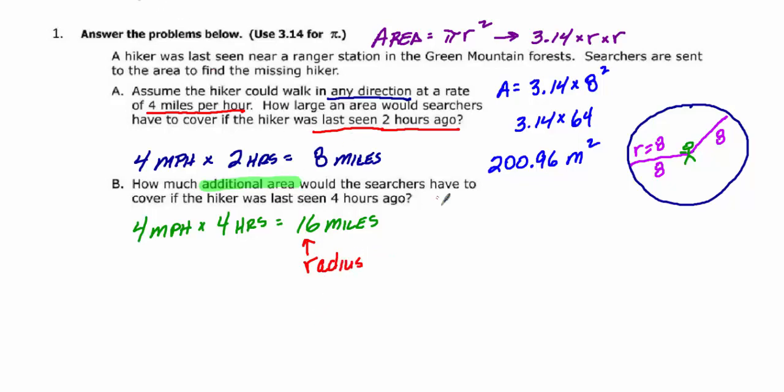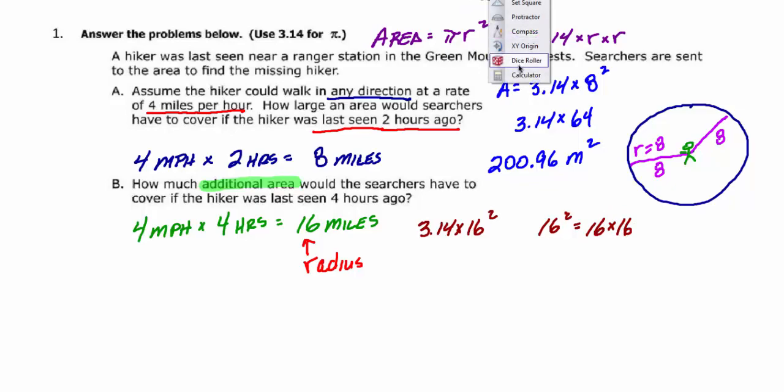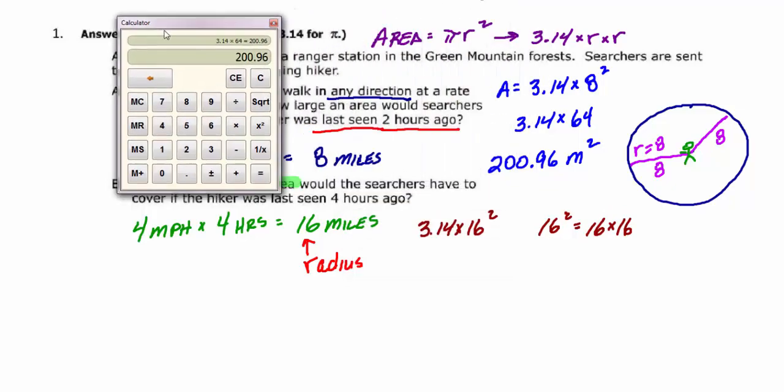So we're going to go ahead and plug that into our formula. 3.14 times 16 squared. And remember, just as a reminder, 16 squared equals 16 times 16. So let me grab my calculator again. Get it kind of out of the way here.